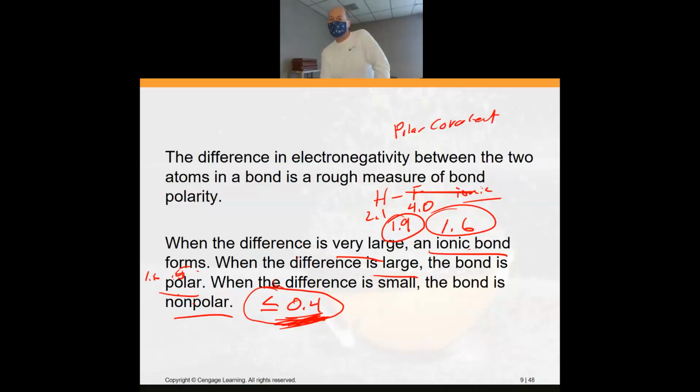So I'm not really hooked on the 1.6 number. I am very hooked on the 0.4 number. So I would probably accept either answer. If you say the difference is 1.9, which is greater than 1.6, so it's ionic, full credit. If you say I've got two nonmetals, so I'm going with polar covalent, great, full credit.